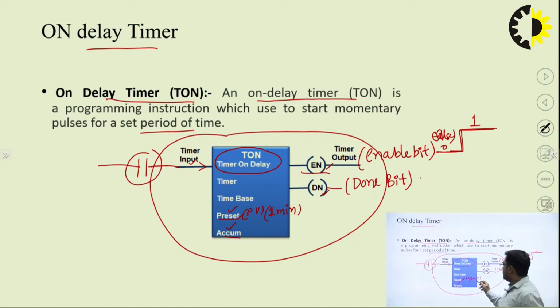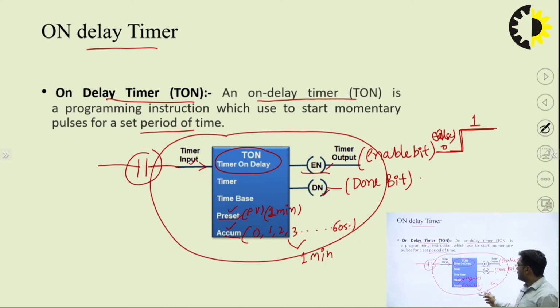Again, we have put the preset value for 1 minute. So what is the role of the accumulator? It accumulates, the counting will start from 0, 1, 2, 3 up to 60 seconds. If there are 60 seconds, that means there is 1 minute.